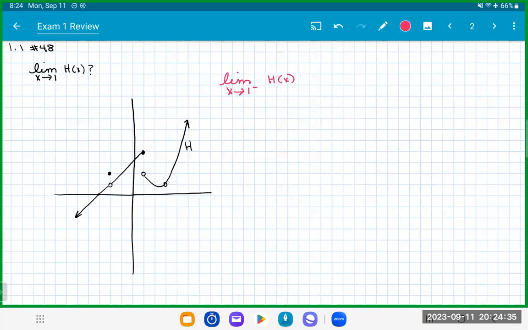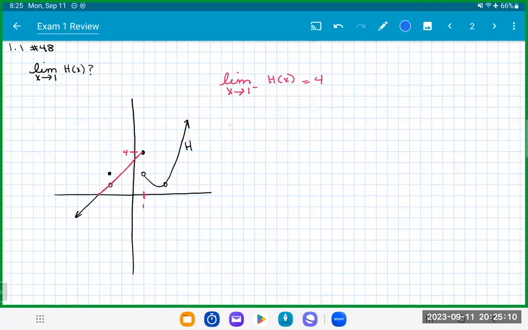As my function gets closer and closer to 1, from the left, as I'm coming in here and approaching left, I'm on this equation here, and that works. But as I approach 1, what is my y value? My y value is equal to 4.